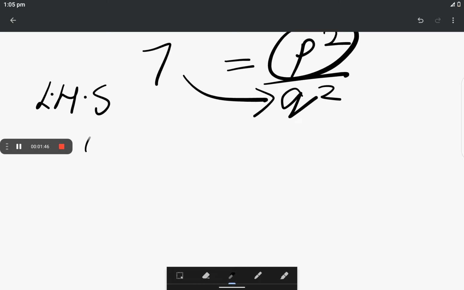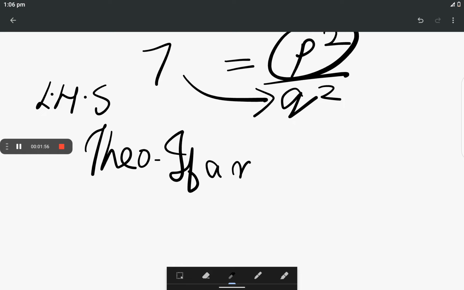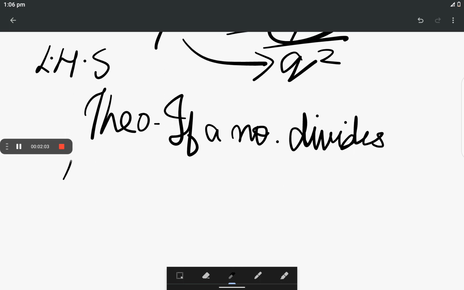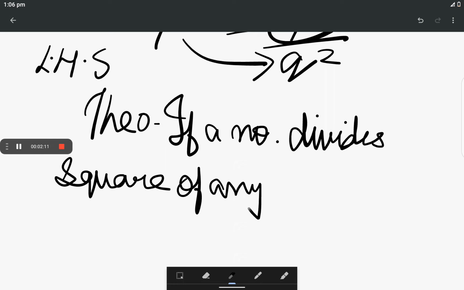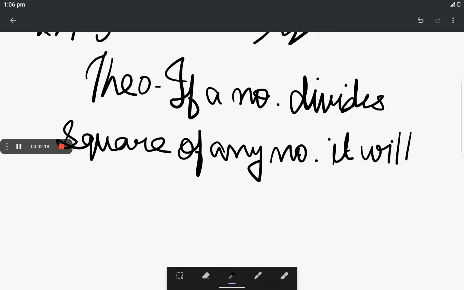Now here's a theorem. The theorem says that if a number divides square of any number, it will divide the number itself.